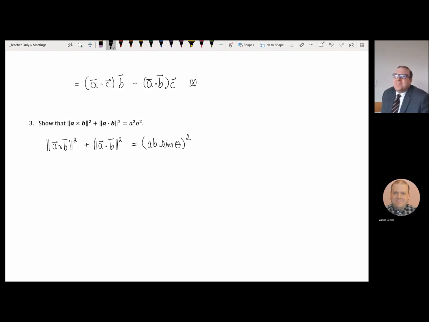Magnitude of the cross product is the product of the magnitudes of the vectors times sine of the angle between the vectors. So the dot product is a scalar, right? If you take the magnitude of a scalar, it's the absolute value.